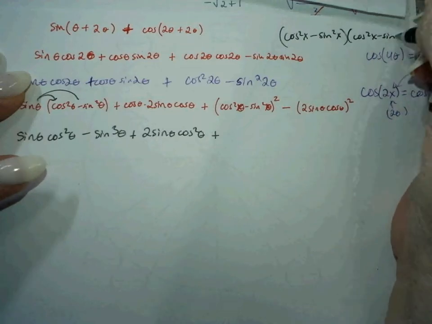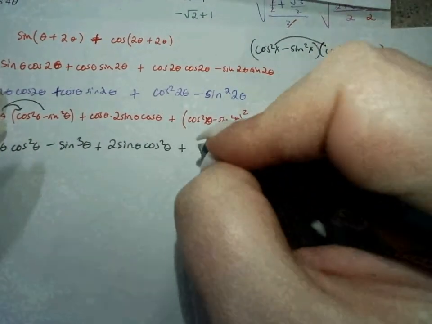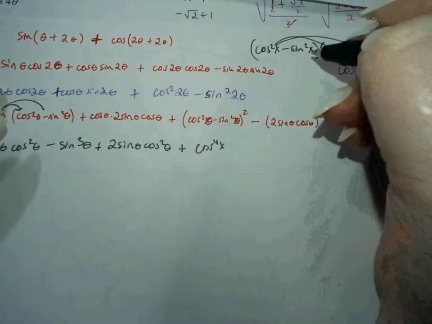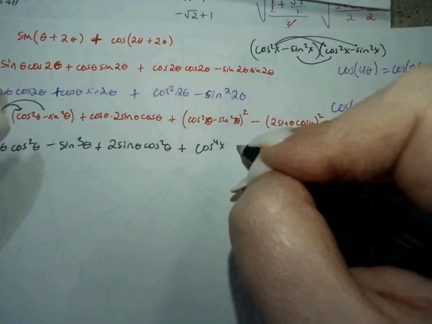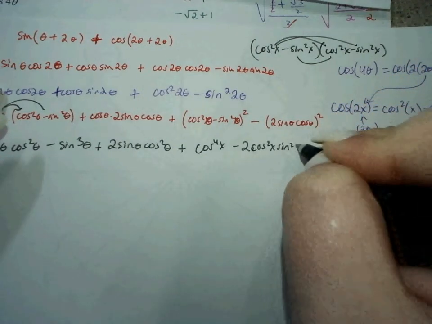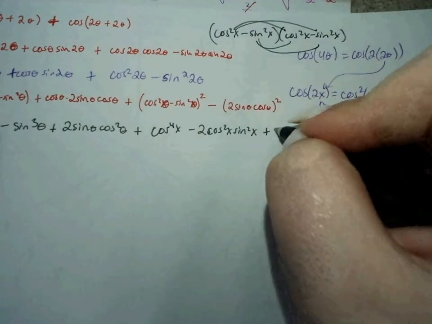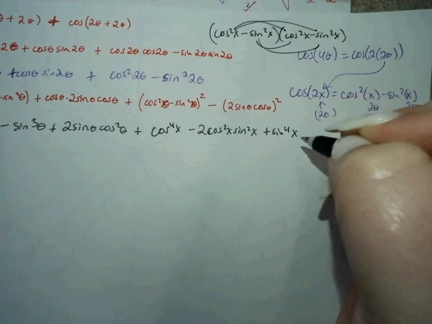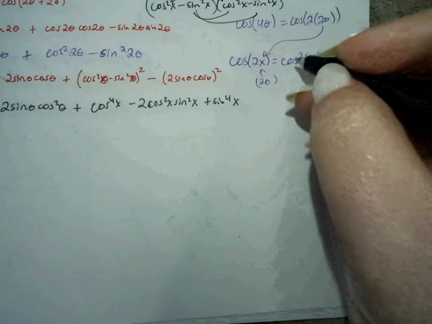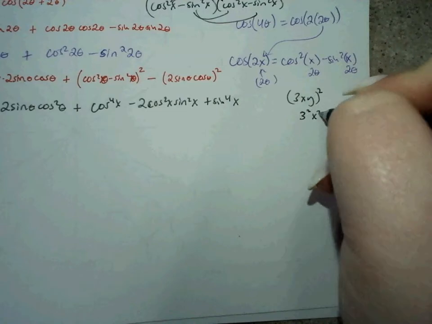Plus, if I multiply this out, cosine squared minus sine squared times cosine squared minus sine squared. Then I get cosine to the fourth minus cosine squared sine squared minus cosine squared sine squared, which means minus 2 cosine squared sine squared, or sine squared cosine squared, doesn't really matter. And then plus sine to the fourth.